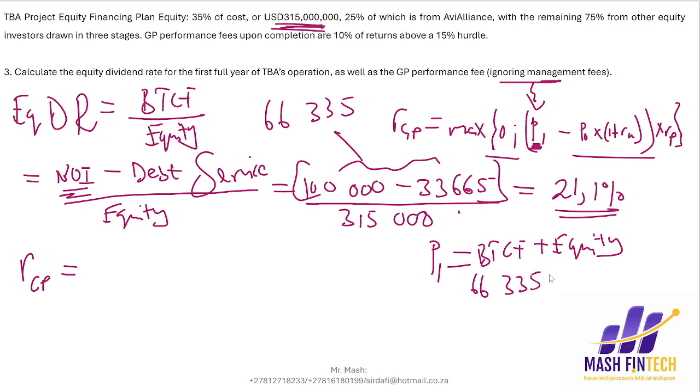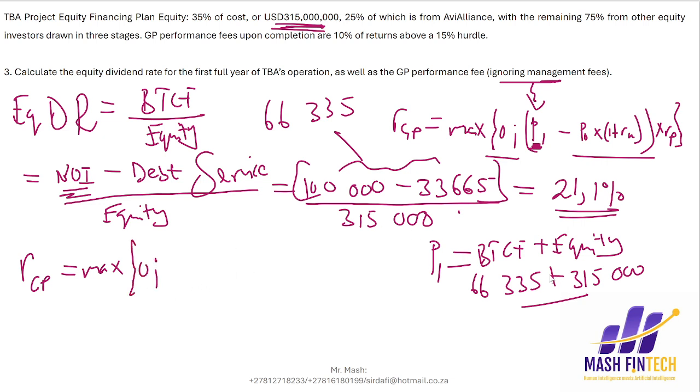So we are going to take 66,335,000. Then we add the equity, which was 315 million. We add these two. That's how we get our P1. So we want the maximum of either 0 or P1.